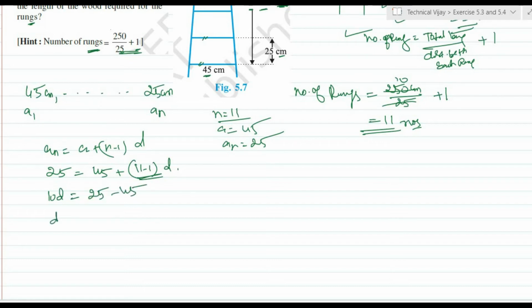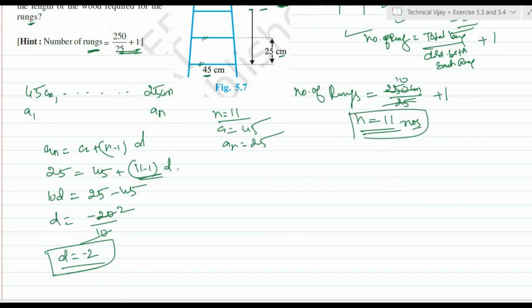So D is equal to 25 minus 45, which is minus 20, divided by 10. So D is equal to minus 2. So we got D value and we got n value and we know A value.